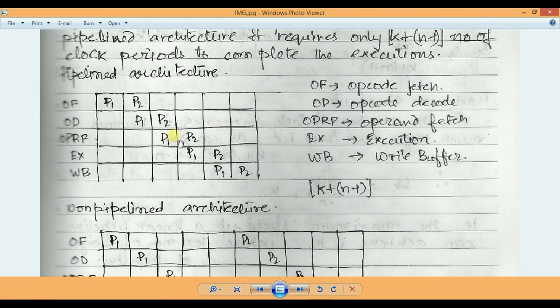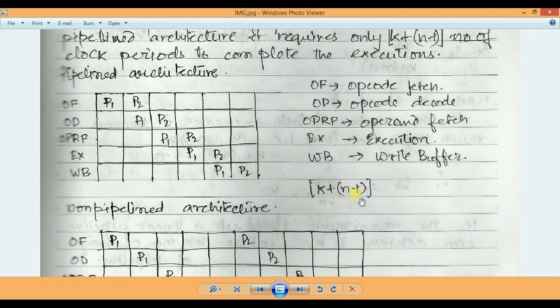Versus in a pipeline architecture, as you can see, process 1 takes 1 2 3 4 5. Process 1 takes 5 clock periods. The entire operation gets over at 6 clock periods. That is, oh, I'm so sorry, this is k plus n minus 1.